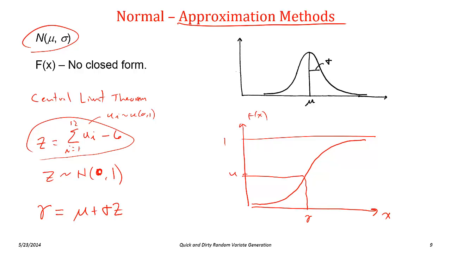The variance of the uniform distribution is 1/12. So when we sum up 12, we get a variance of 1, and a standard deviation of 1. Since the expected value of ui is 0.5, when we sum 12 of them, the expected value of this part of the expression will be 6. We subtract 6 off and we get 0. And so that's how we end up with the z that we can then transform into the gamma that we want for the given mu and sigma.